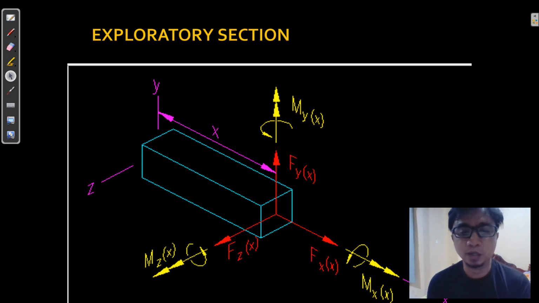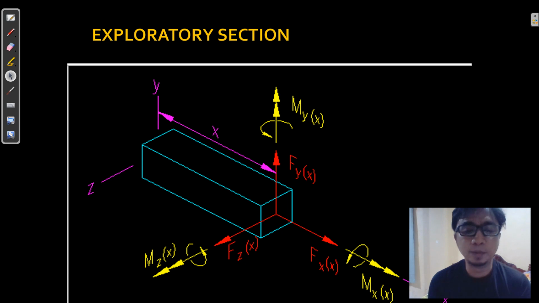Meanwhile, again, we apply a couple on that y-axis. What will happen? It will certainly bend the member. So the effect of the couple applied to the y-axis will be bending or flexural stress. So, bending force. Same with the z-axis. If we apply a force along that z-axis, the effect is shear or tangential force.